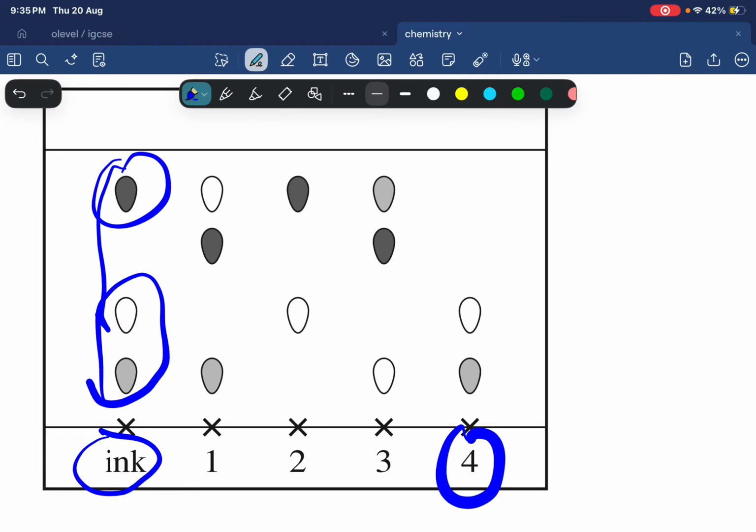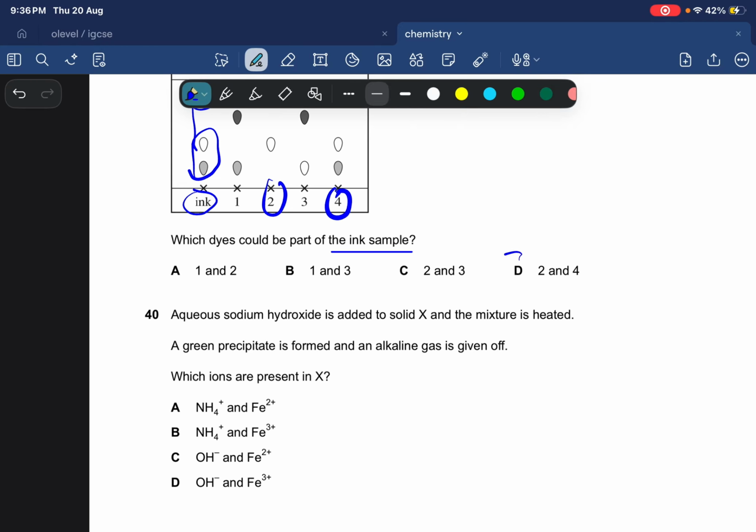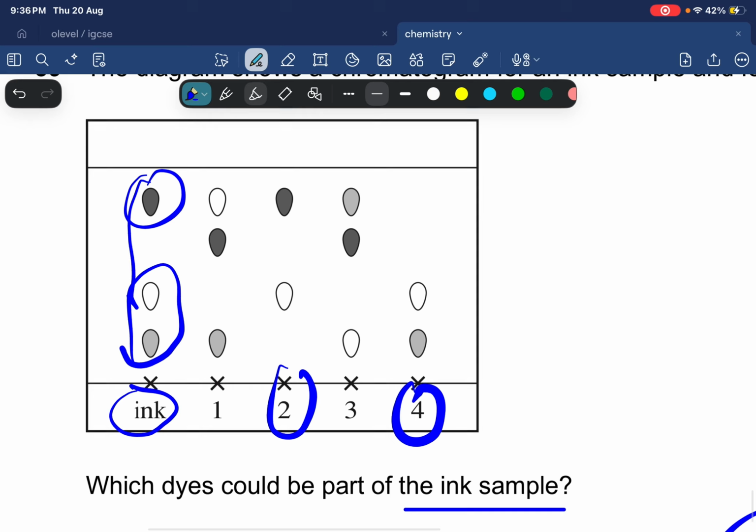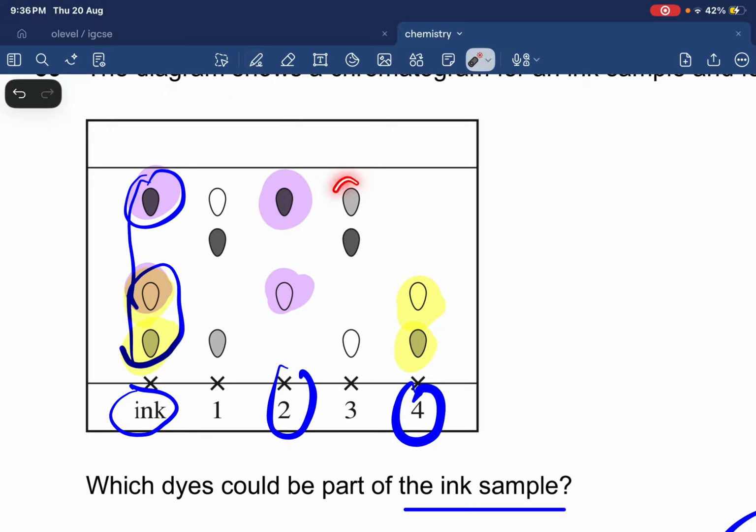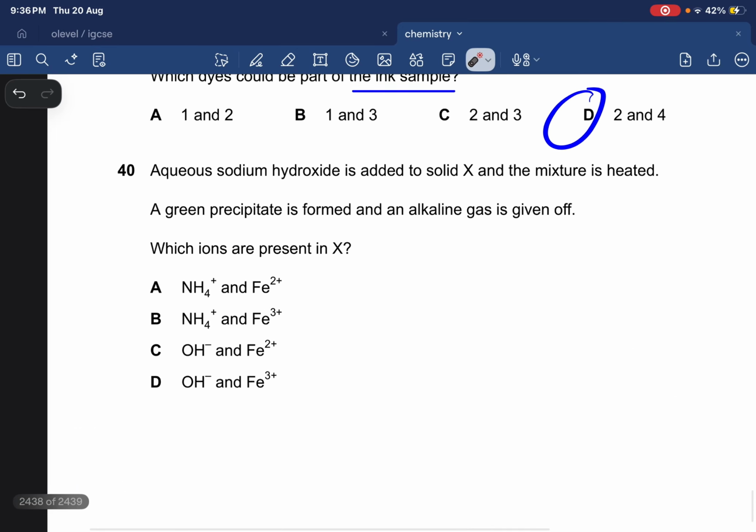So 4 is part, and then 2 is part. So it's 2 and 4. Why? Because 2 has this and this, which matches with this and this, and 4 has this and this, which matches with this and this. This thing and this thing are not in it, so 1 and 3 are not.